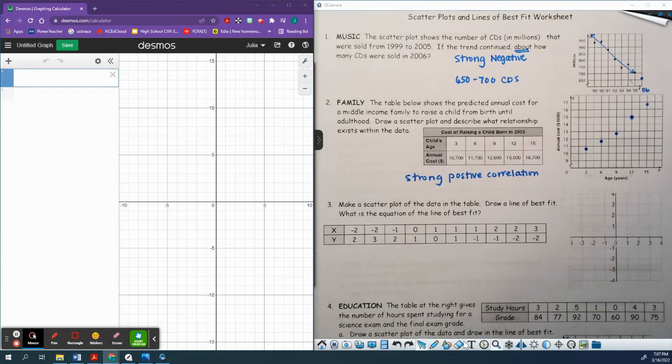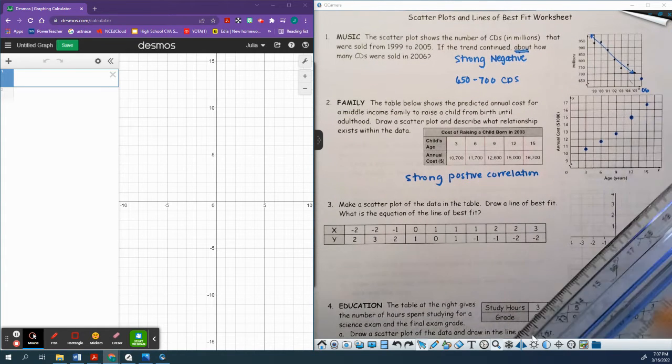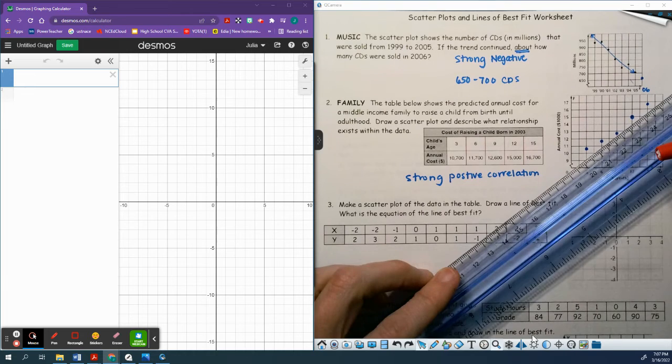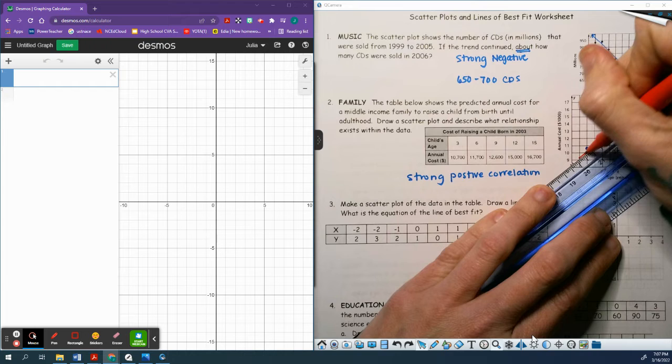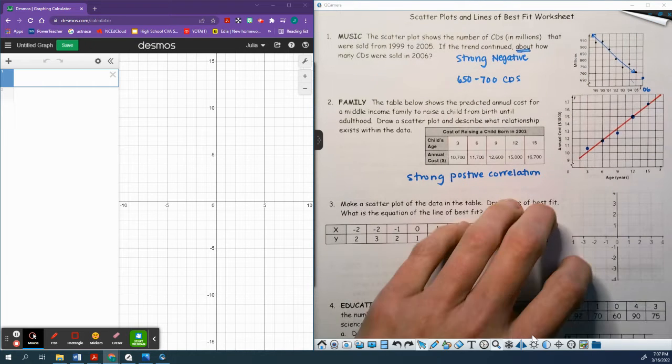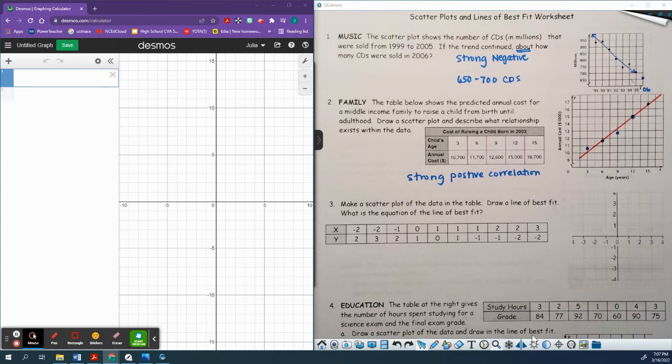It doesn't have to be perfect because we're just making a generalized statement about this data. Maybe I could get a bunch of dots right there, and on either side of that line they're pretty much equally spaced. So that means it's a strong positive correlation, again, because it's going up to the right.